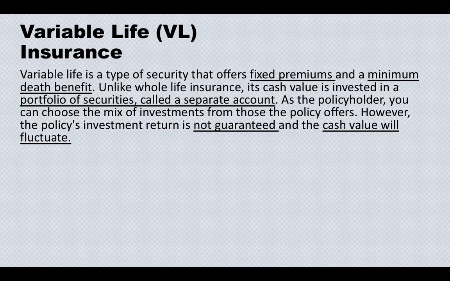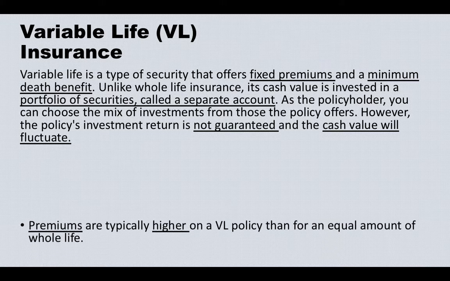They say, you know what, you can go select those investment products. You assume the risk. If the investment is not doing well, you will have a lower death benefit and lower cash value. That's what makes this life insurance variable, as a security. So you bear the risk rather than the insurance company.